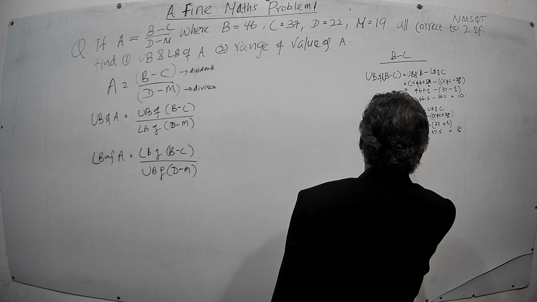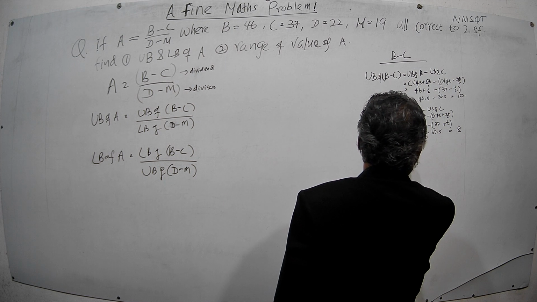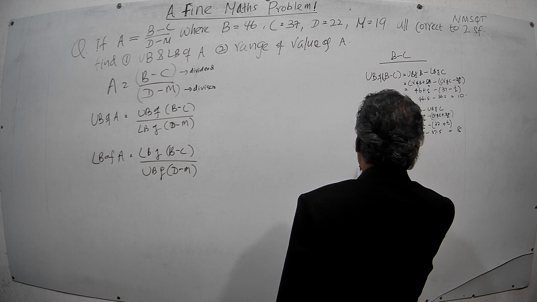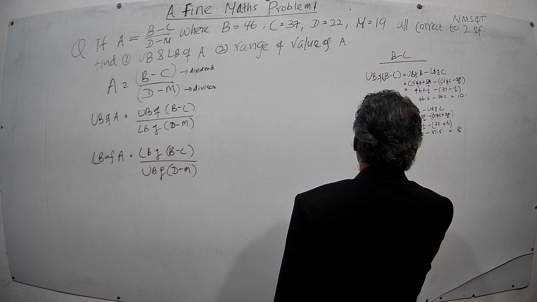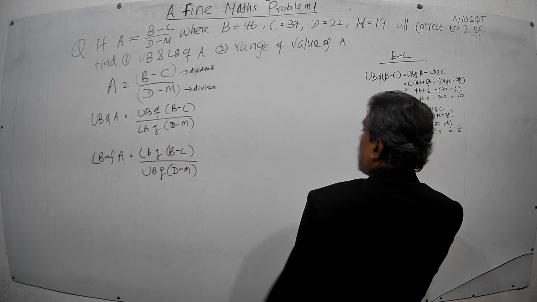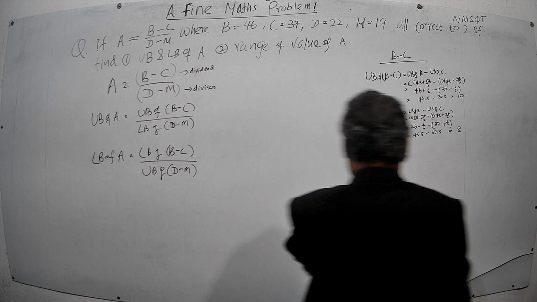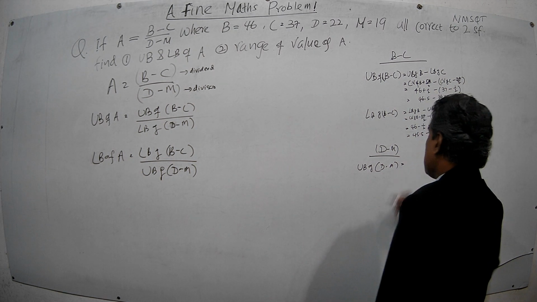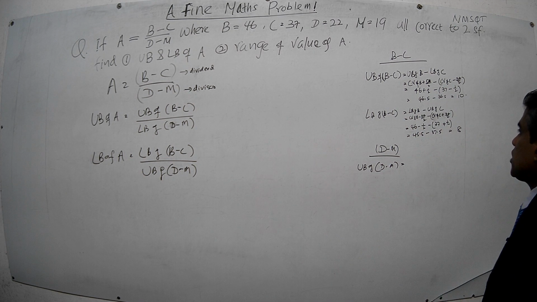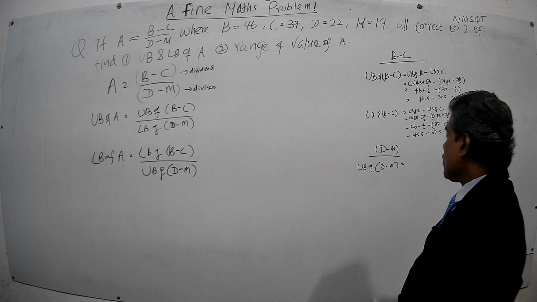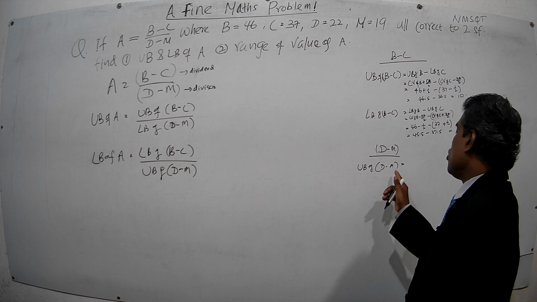Now you go to D minus M. We need the upper bound of D minus M. We will find that. Again, upper bound of difference we know from this one: upper bound of the larger value minus lower bound of the smaller value.